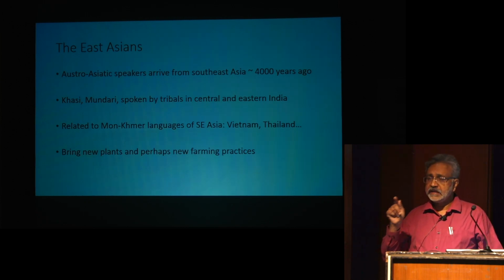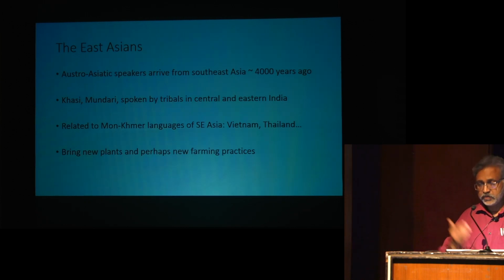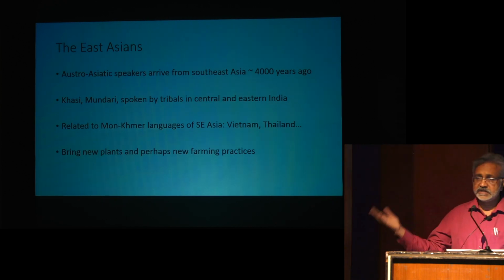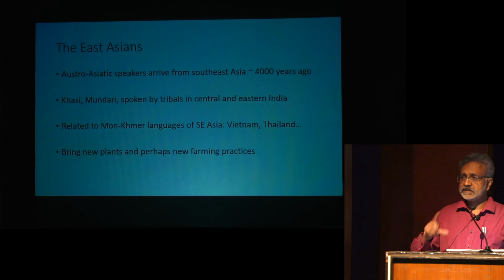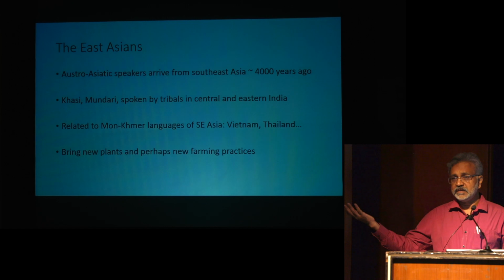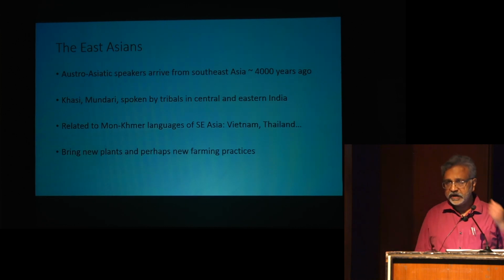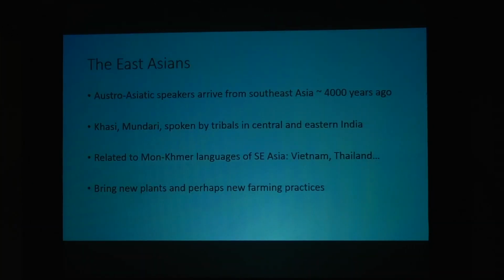The Austro-Asiatic languages that came to India are now spoken by tribals in central India and eastern India, and these languages are linked to the Mon Khmer family, which is spoken in Laos, Cambodia, Vietnam, etc. So this connection has now been proven by both ancient DNA as well as other current living DNA studies that have been done.